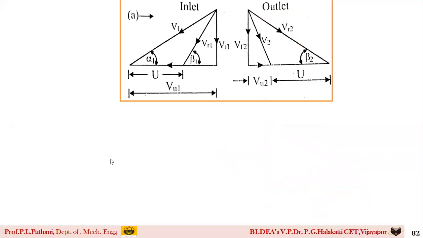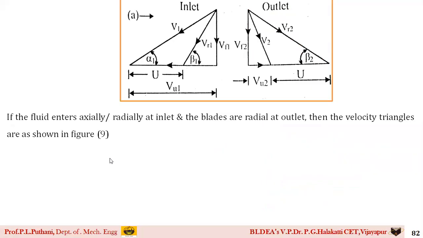Next condition, please observe here now. It is a combination of both cases. What is the first case? The fluid is entering axially or radially at inlet. By default, the meaning of this sentence is alpha 1 is equal to 90 degrees, as in the sketch of the inlet velocity triangle.